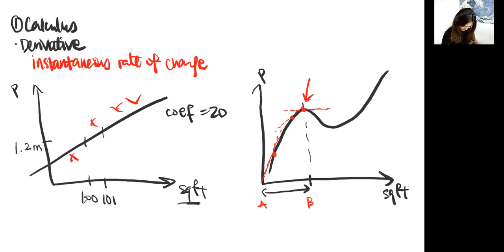And also over here, when we are over here, you have a flat line. Therefore, the rate of change at that point is also 0. So usually when you have a derivative of 0, it signifies that you have some sort of minimum or maximum, which is going to be useful for us when we get to gradient descent. Cool. Any questions before I move into gradient descent?